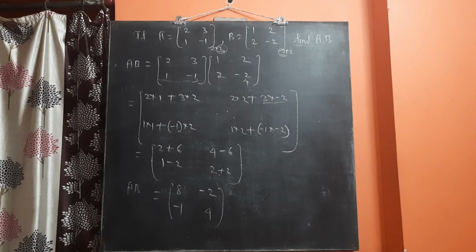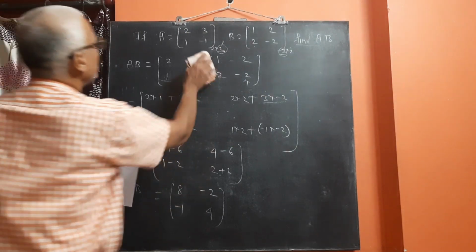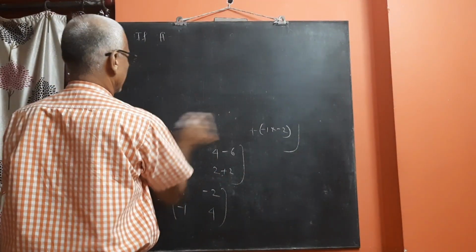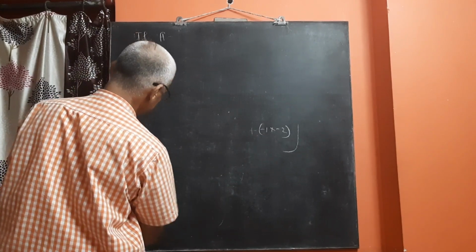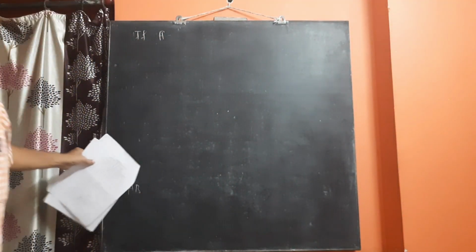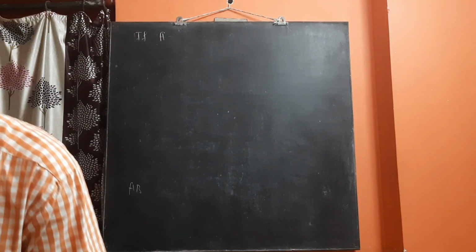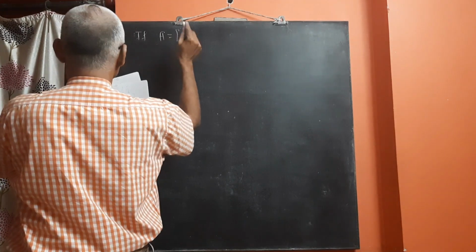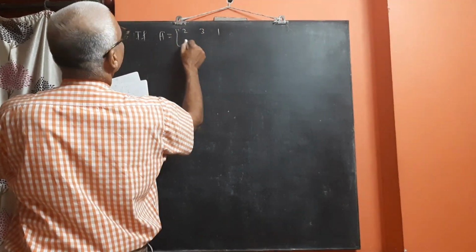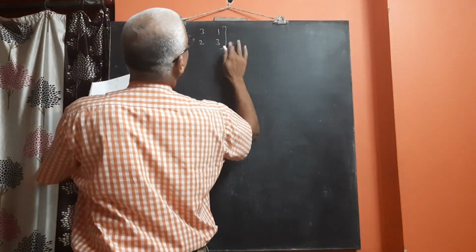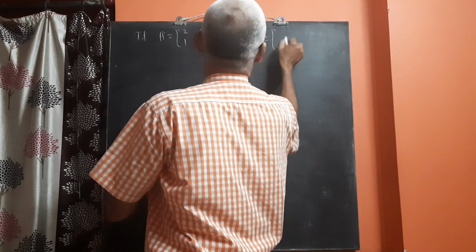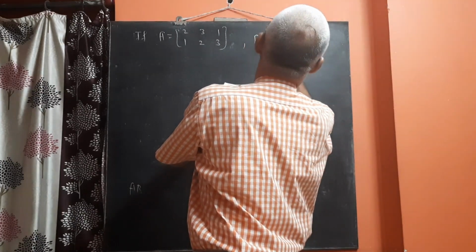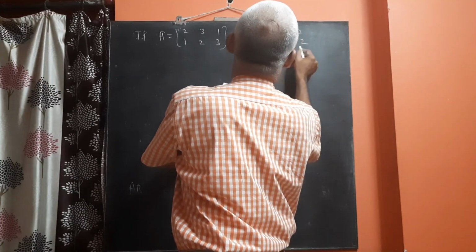So, the second example: if A is equal to matrix of 2, 3, 1, 1, 2, 3, B equals to matrix of 1, 2, then minus 1, minus 2, and 3, minus 1.